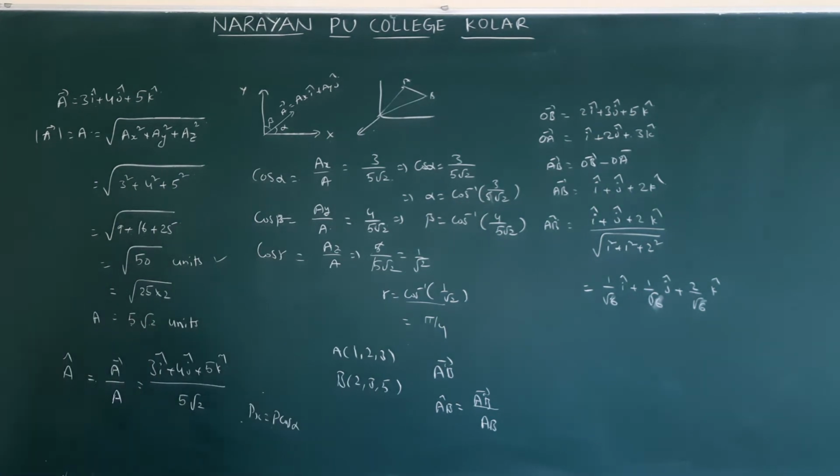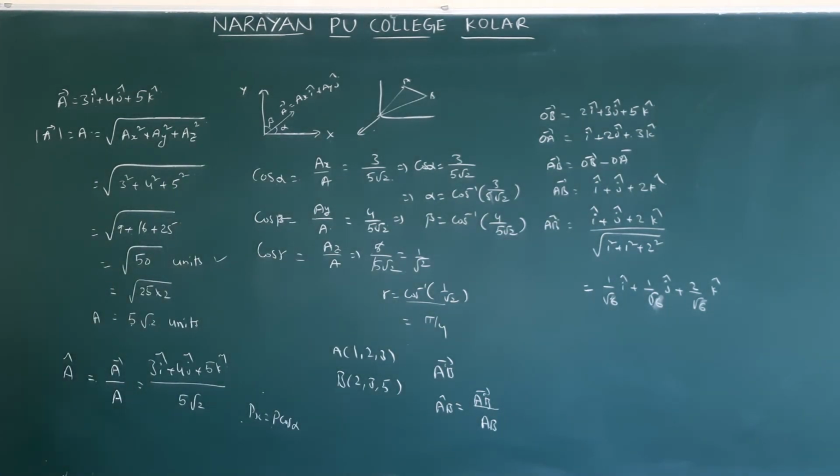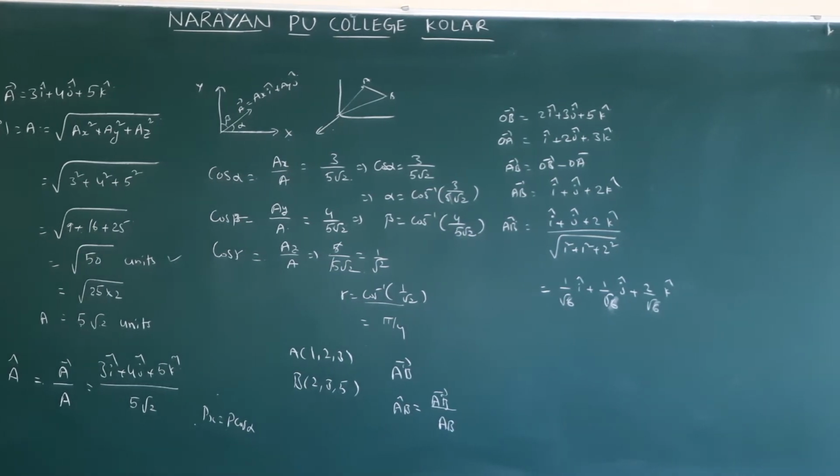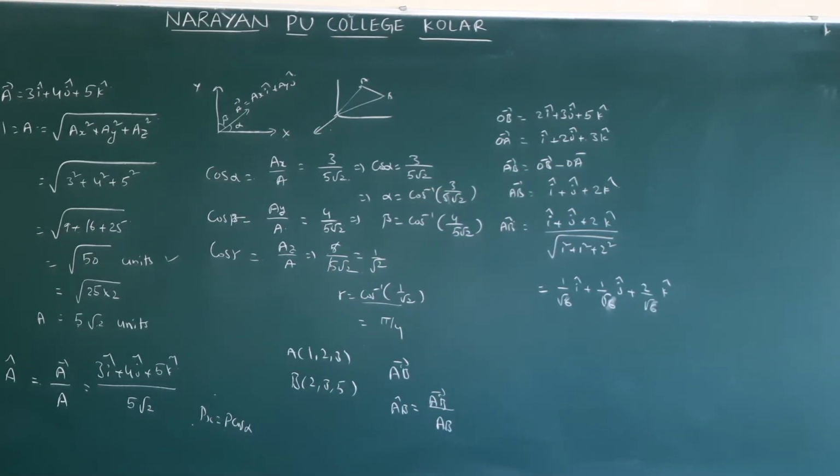Next is example 32. A very important model for your competitive exam also, for PU exam also. If vectors A bar and B bar are perpendicular to each other, find the value of lambda.